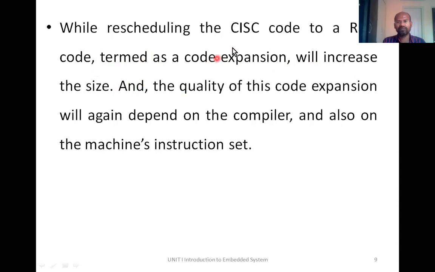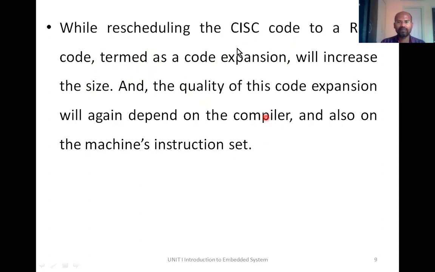If you write the same program in CISC architecture, you will get smaller code. If you look at the same program in RISC code, it will be very lengthy. The quality of the code expansion will again depend on the compiler and also on the machine's instruction set.